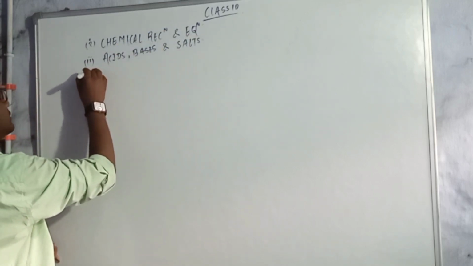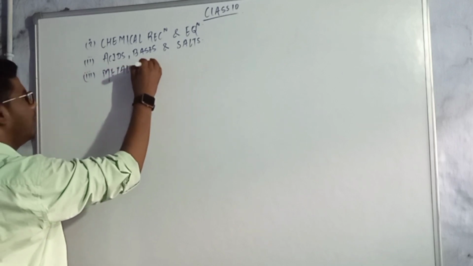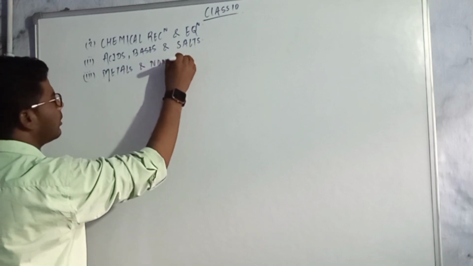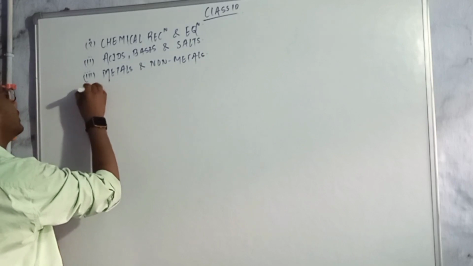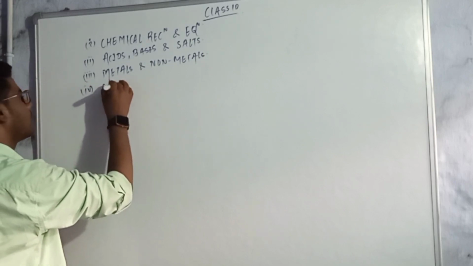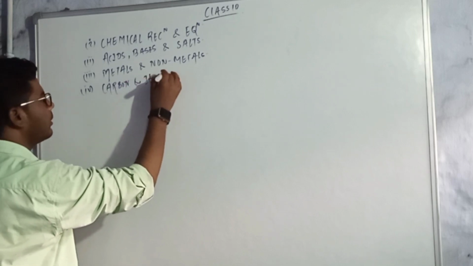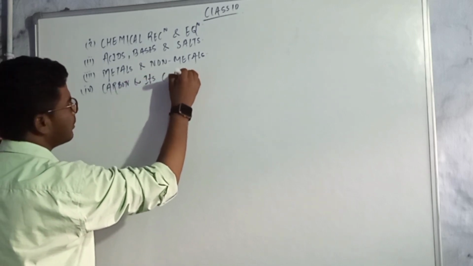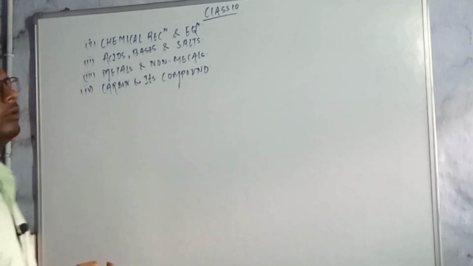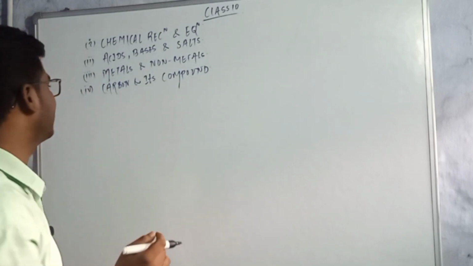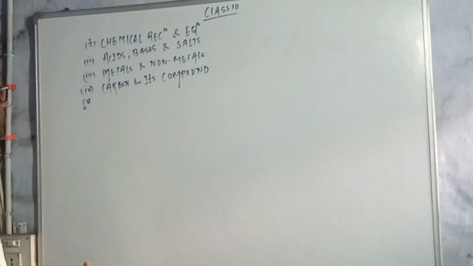The third one is metals and non-metals. And the fourth one is carbon and its compounds. These are the four chapters which we mainly learn in class 10.